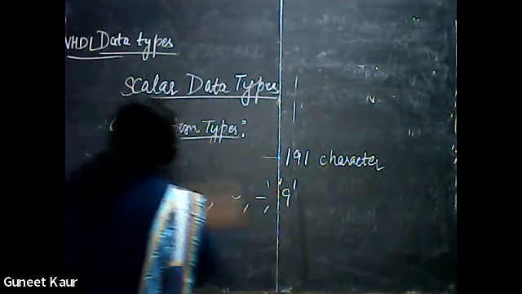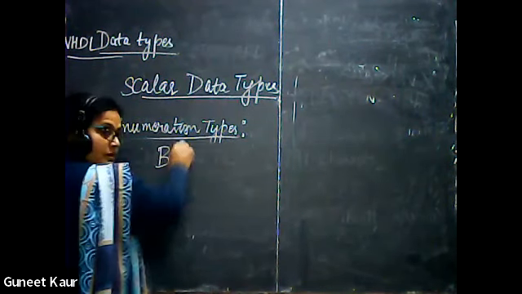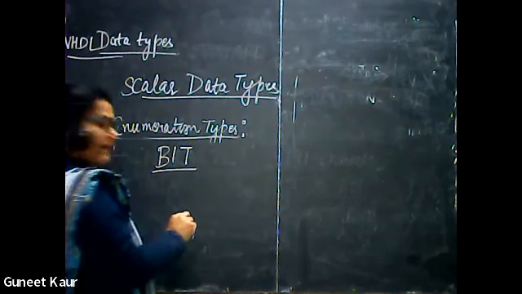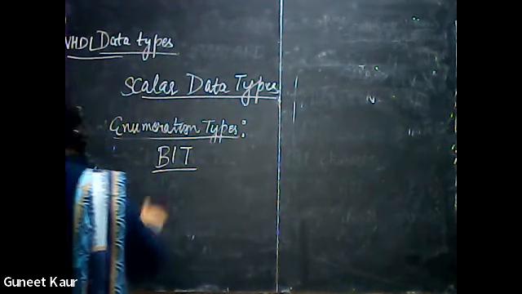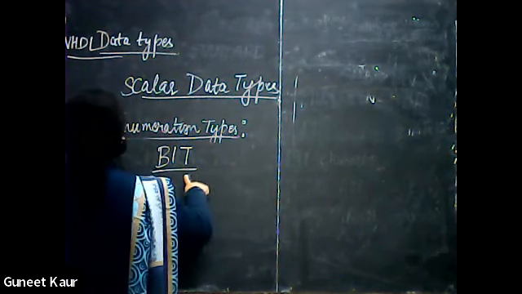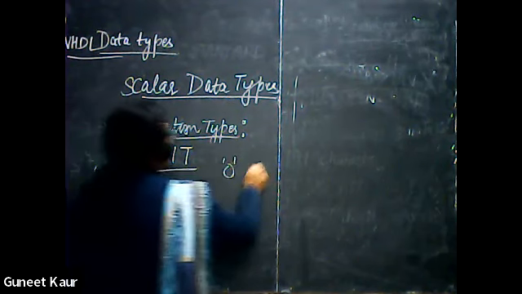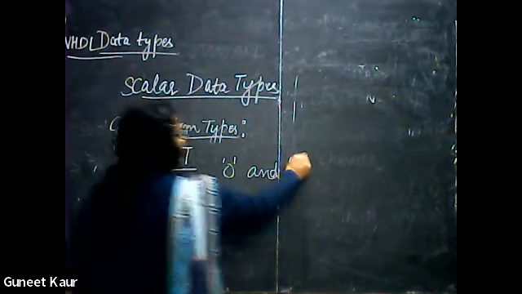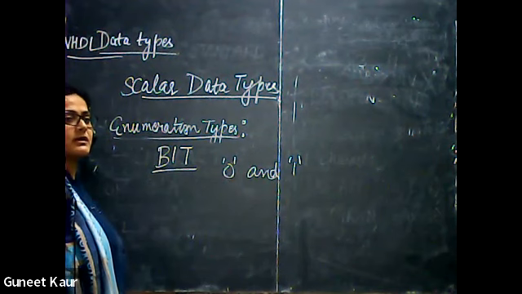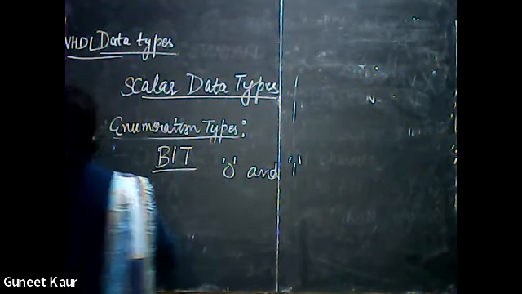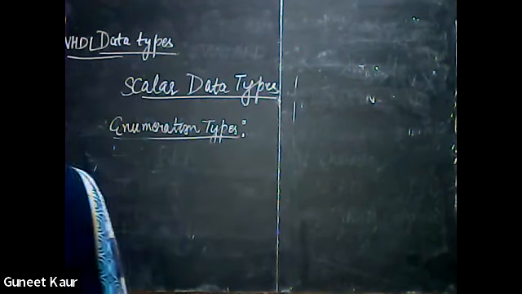Now the second one is bit. In the case of bit, we have 0 and 1. So this is the predefined type bit, and it has two literals: one is 0 and second is 1. Now third is boolean.